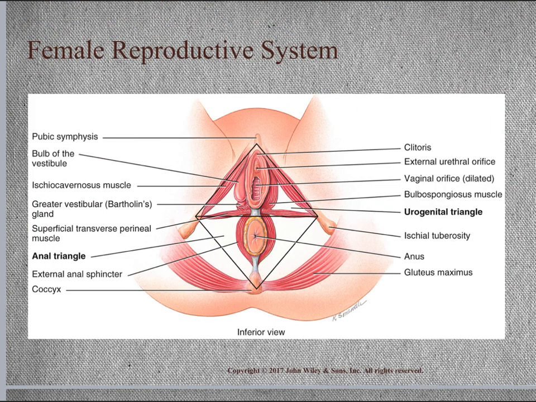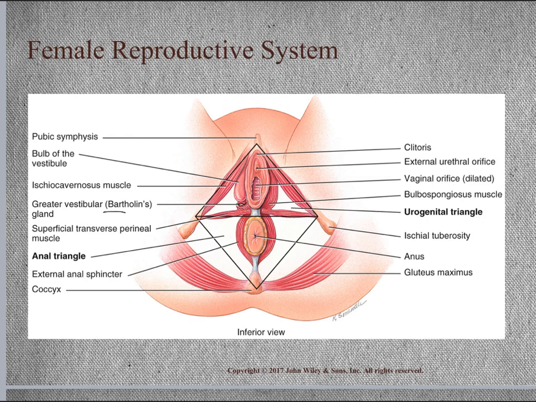Now we can put it all together, looking at our urogenital triangle and what's occurring and where everything is in relation to muscles, structures, etc. So at top, we have our pubic symphysis holding our pubic bones together. The bulb of the vestibule, remember this is contracting down on the vagina. Our ischiocavernosus muscle, our Bartholin's gland here, right?